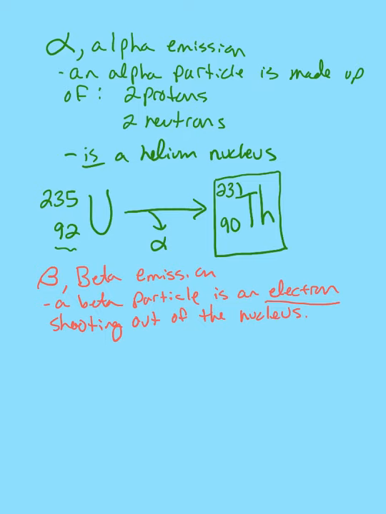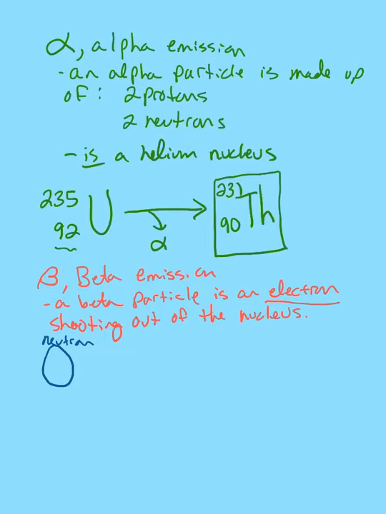Anybody want to comment on that? Electron shooting out of the nucleus. Yeah. What is an electron doing in the nucleus? They don't belong there. So this is what happens in beta decay. Now, I'd like to tell you that I'm going to use my artistic license here. This is not exactly how it happens, but let's imagine our little neutron. There it is.